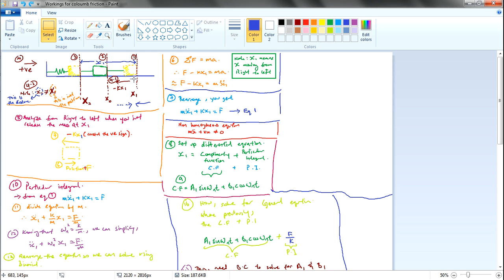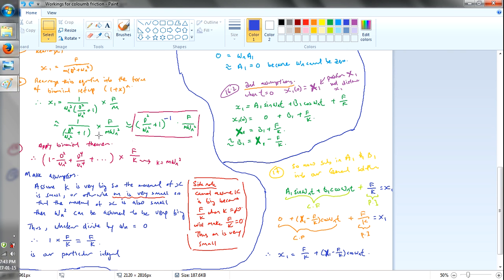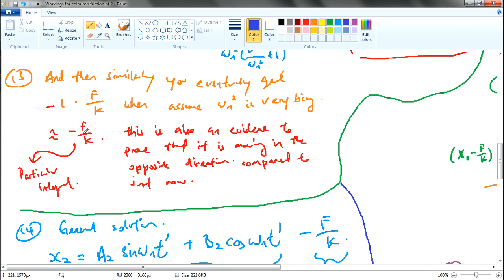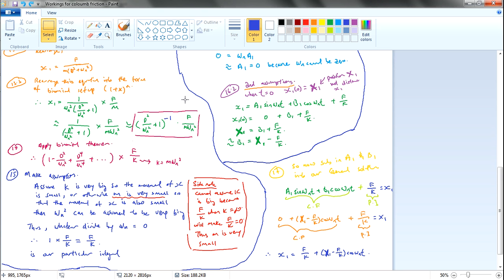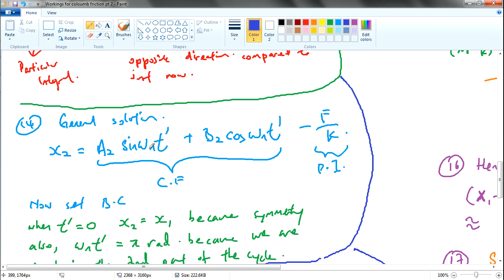So now from here to here, it should be in the opposite sign. Therefore, previously it was f over k, now it's minus f over k. So this is another form of checking, just to let you have a feel of it.